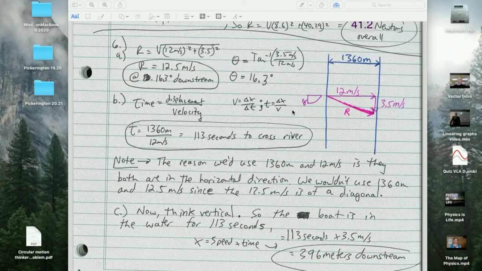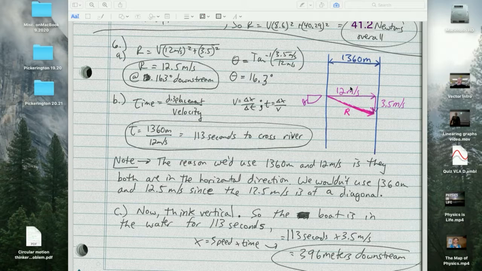The next thing I'm asked is to figure out how much time it takes to cross the river. Now you might think, since the river was given as 1,360 meters across, I do 1,360 divided by this 12.5. But the problem is the 12.5 is going at an angle, and both the 1,360 and the boat's velocity relative to the water are horizontal.